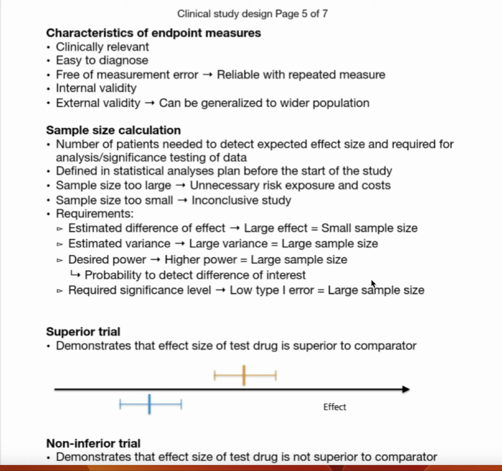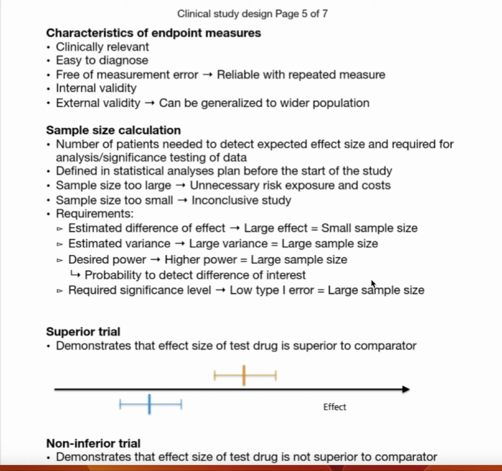We should analyze why we choose this number before the start of the study, before doing anything. Sample size too large means unnecessary risk exposure and cost. Why do we use these large numbers of populations or samples? That leads to more risk, more cost, and that is unnecessary. And there is something else. If the sample size is too small, it's an inconclusive study, not precise enough.